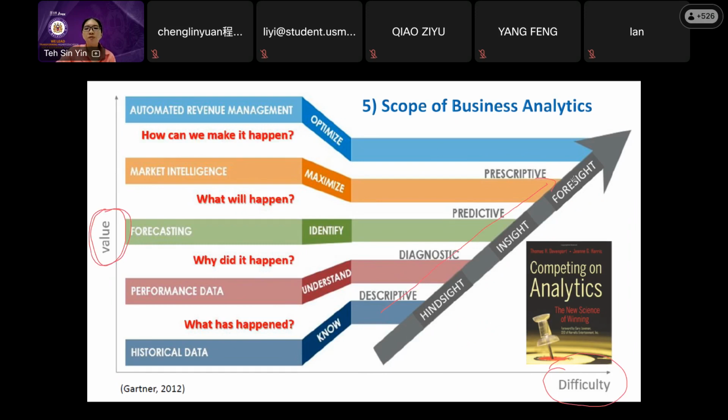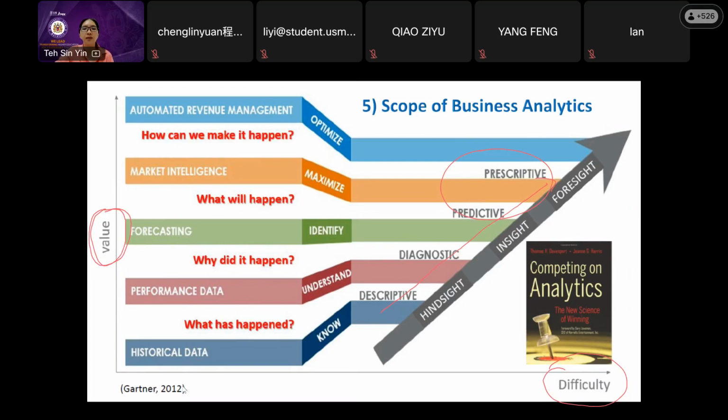Imagine if you can forecast what your customer wants to buy and build the product accordingly. Your company will gain a lot of value: money, customers, and their trust. That's why predictive and prescriptive are very useful.